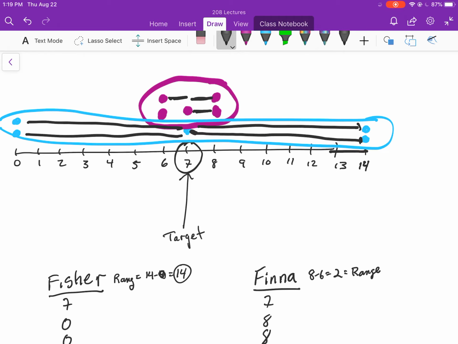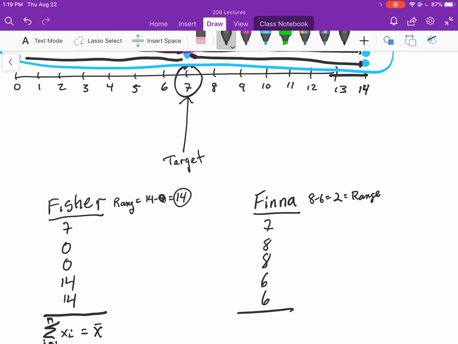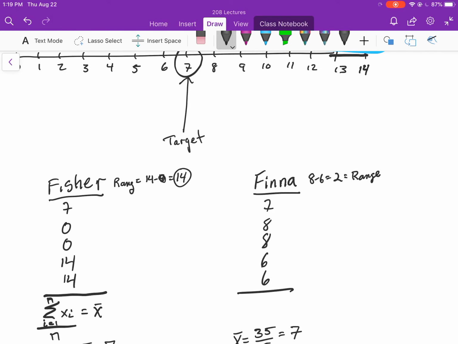You could draw these like little sticks that represent how far each of her points are from her central value. Let's go down and take a look at what happens. We would subtract the mean from each point to find the deviation.